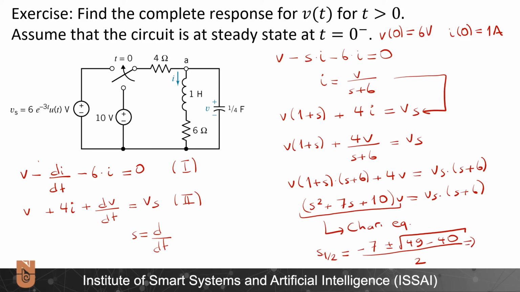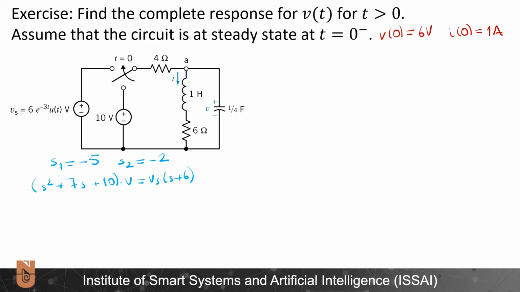So minus 7 plus or minus 3 over 2: s1 is equal to minus 2, and s2 is equal to minus 5. These will be our two roots of the characteristic equation.